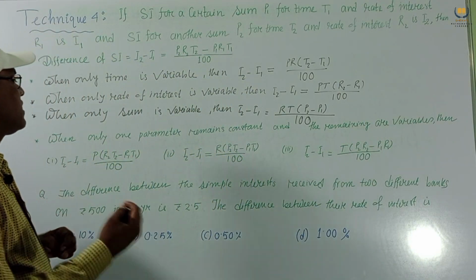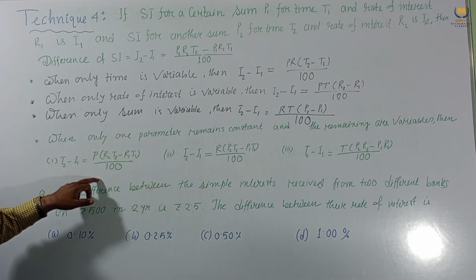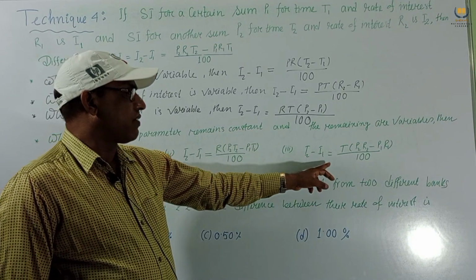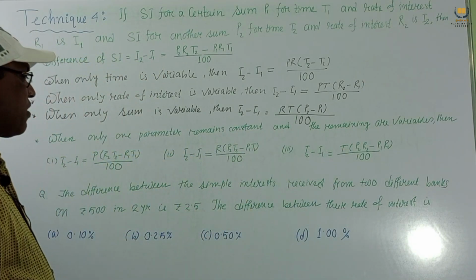So if one is constant, suppose P is fixed, then this is the formula. Here rate is constant, we get this formula. Here T is constant, we get this formula. So this type of formula we get.